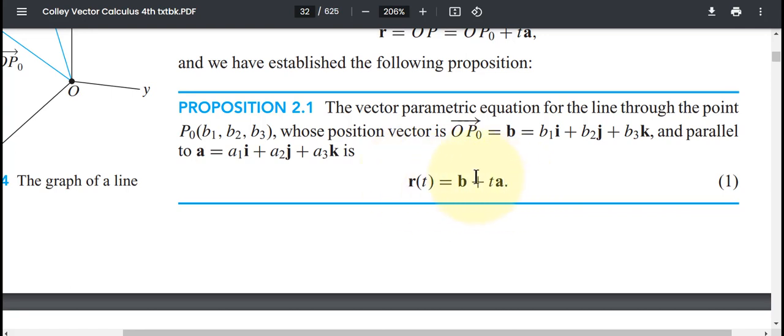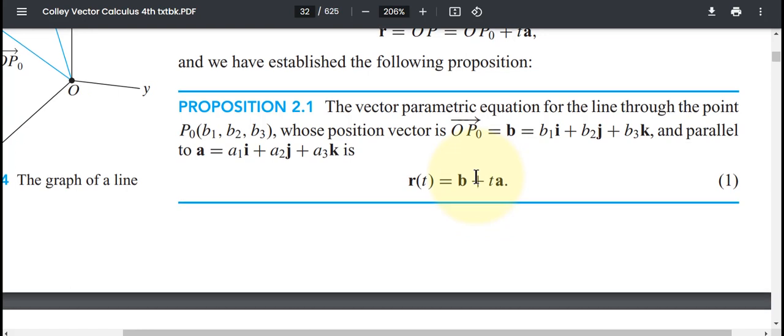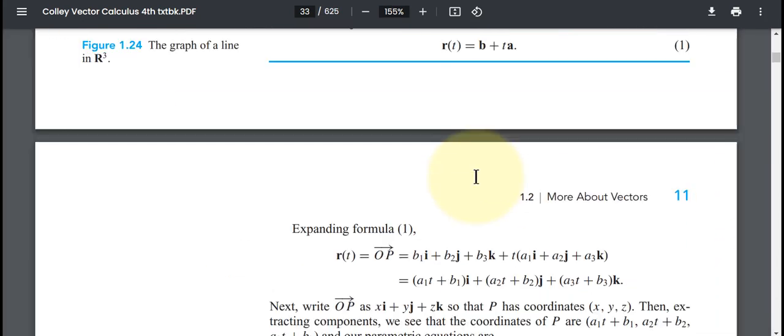This is called the vector parametric equation. But we also wrote it out a little bit more here, like this. So we had the same R on the left, but then we wrote B like this part here. And then we wrote A like this part here. Okay, so we're going to do it that way.